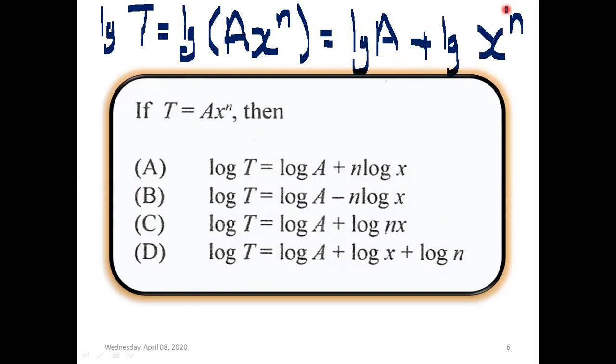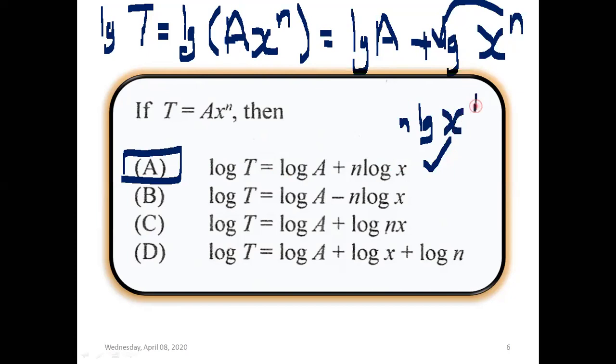You notice that this is a power, and there's another law that says the n will go down, not true? So the answer there would have been a. So this last term here would have been n log x. All right, guys.